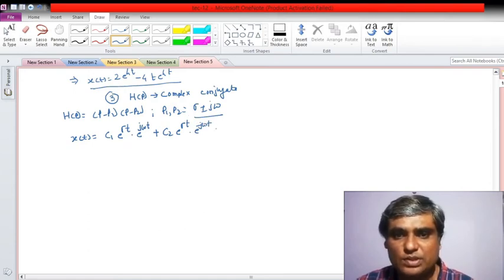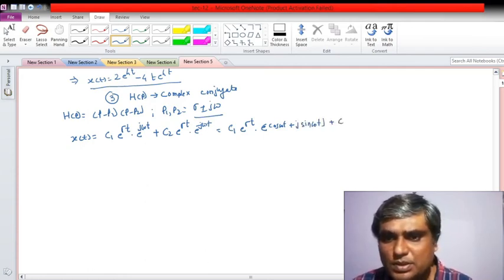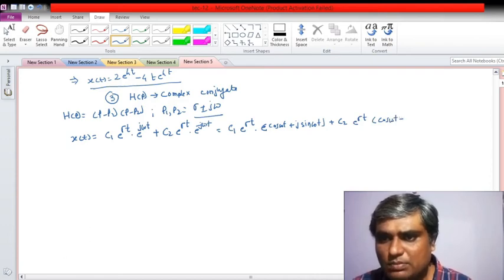If you expand it, it will be c1 e^(sigma t) times (cos omega t plus j sin omega t) plus c2 e^(sigma t) times (cos omega t minus j sin omega t).